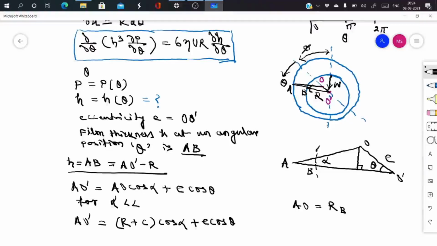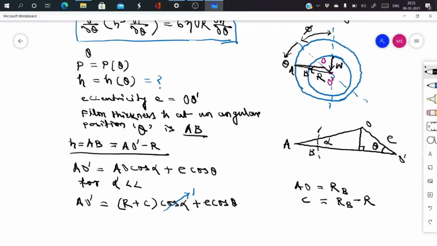Now the radial clearance C is defined as radius of bearing minus R, which is the radius of journal. For journal radius, we are just taking R. So therefore AO is R plus C cos alpha plus E cos theta. Now here this cos alpha goes to 1, alpha being very small.